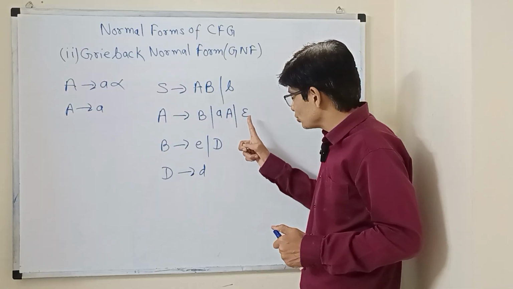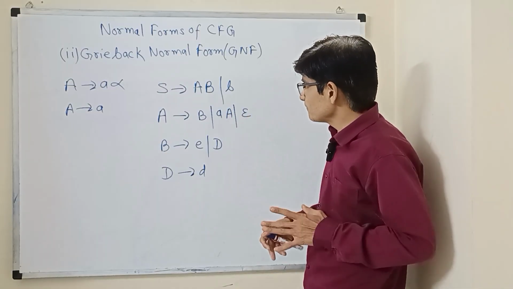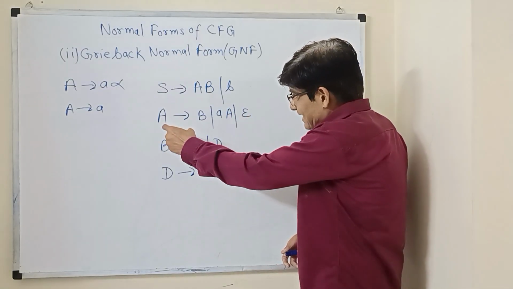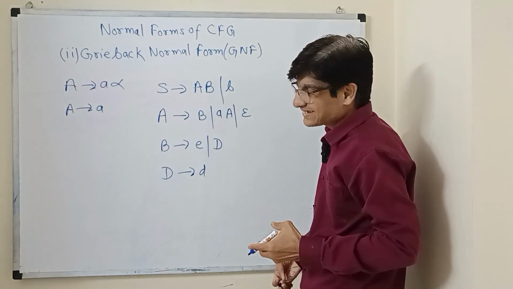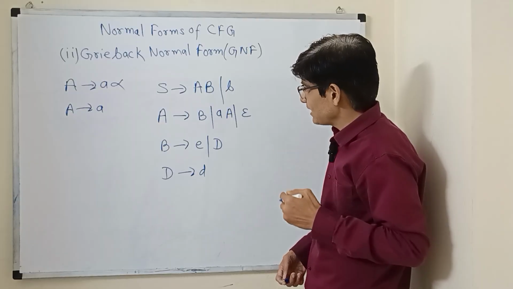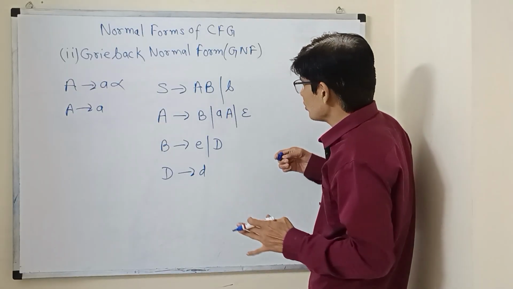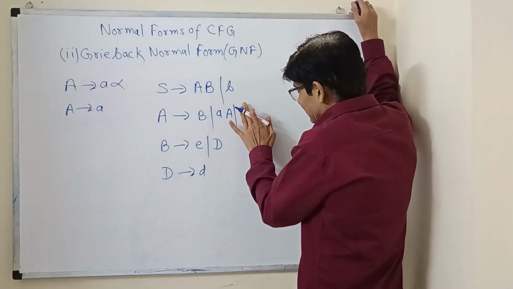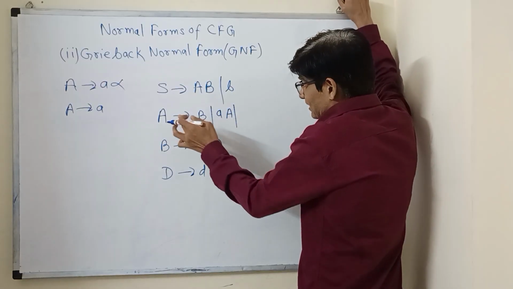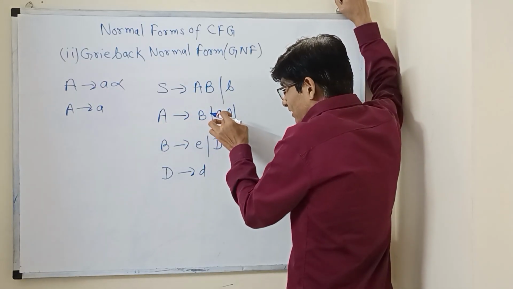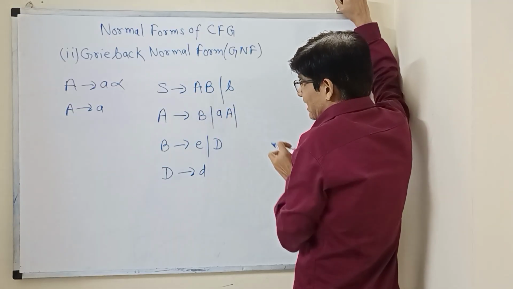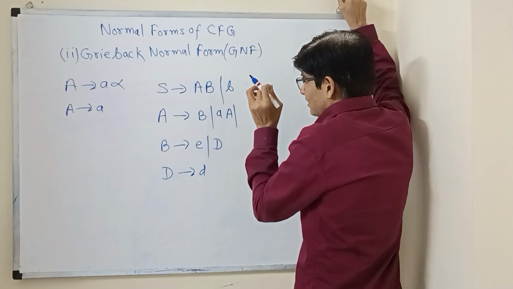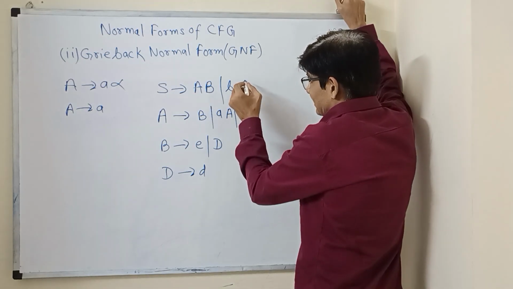First we will try to remove this epsilon production. As A is giving epsilon, we need to see all the productions where A is at the right hand side. Now you can see, my friend, I can remove this production, and here I will replace all A in the right hand side with epsilon, and add the new productions which are getting generated.